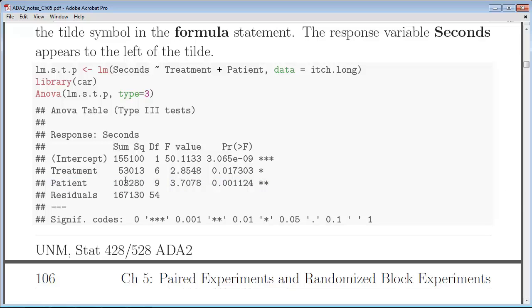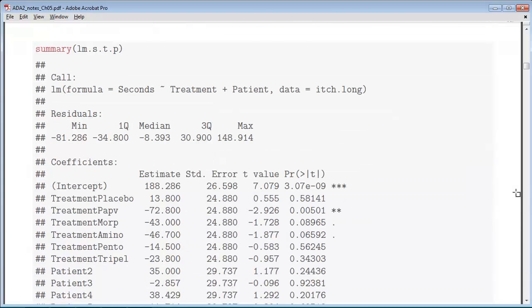Okay, so here we found that patients describe quite a big proportion of the sums of squares. That's really great. Otherwise, that would have gone into the residual sums of squares, and we would have had a lot of variability there in our error term.